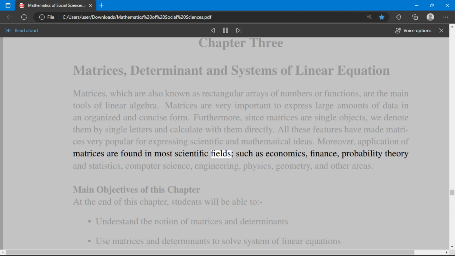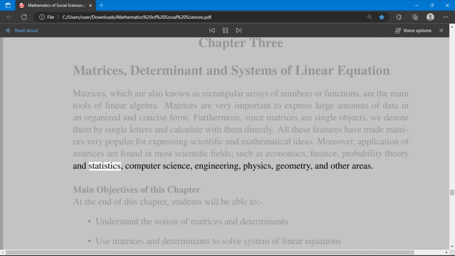Moreover, applications of matrices are found in most scientific fields, such as economics, finance, probability theory and statistics, computer science, engineering, physics, geometry, and other areas.